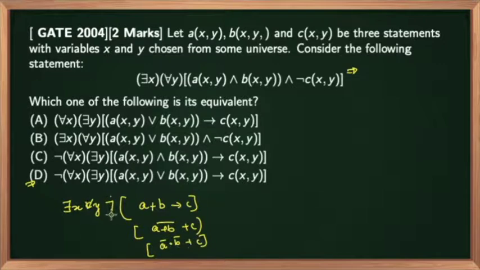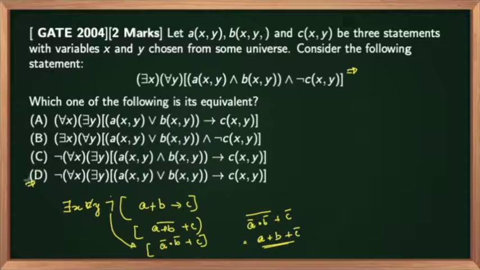Now I have a negation, and if I apply it, this will be equal to a b c bar. So this is not equal to the given expression, so that's not the case here.